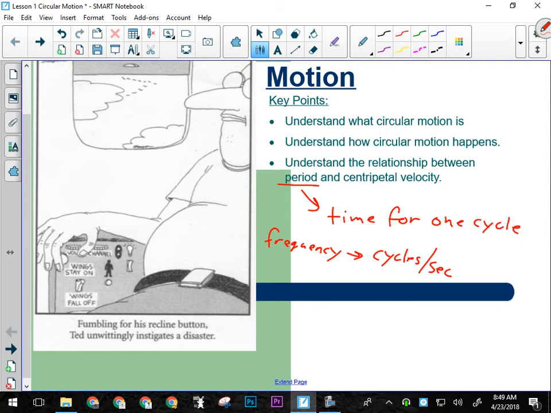Okay, which is where our first formula comes from. Period, which is capital T, is 1 over frequency. Okay, because they are the reciprocal of each other. Okay, going 1 over each other allows you to go from seconds per cycle to cycles per second and vice versa.